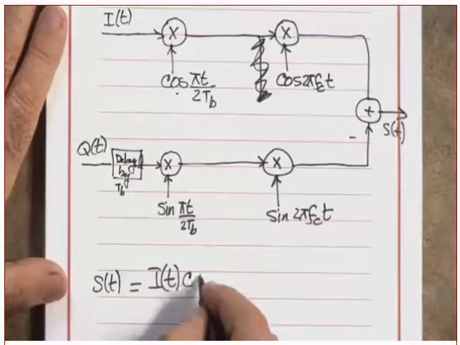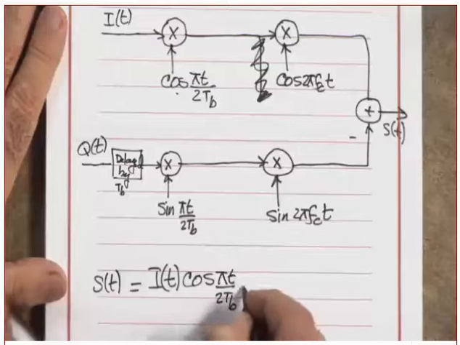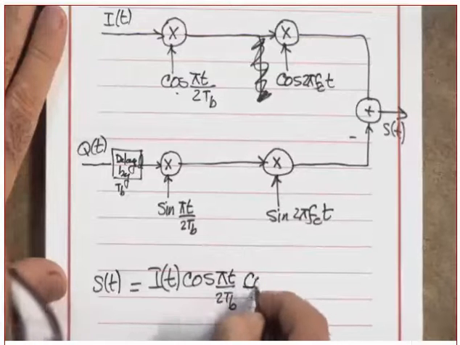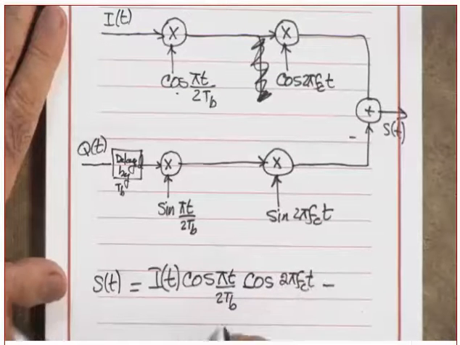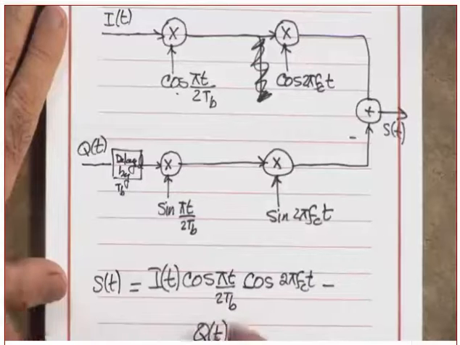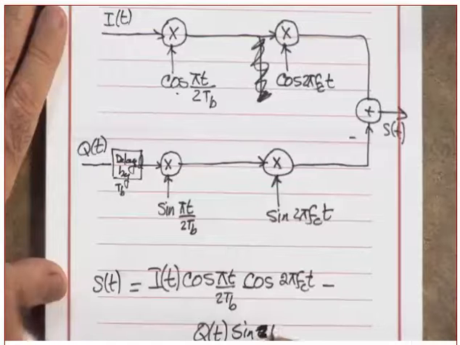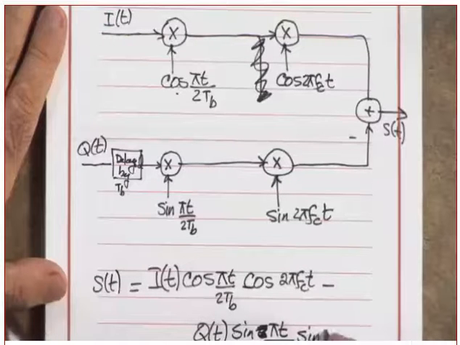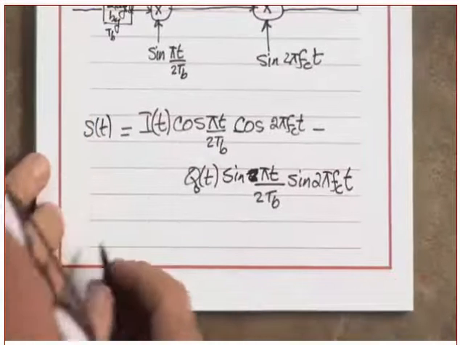I of t cosine pi t over 2T_b, times cosine 2 pi f_c t, minus q of t, again the delayed version, times sine pi t over 2T_b, sine 2 pi f_c t. Clear? Okay.